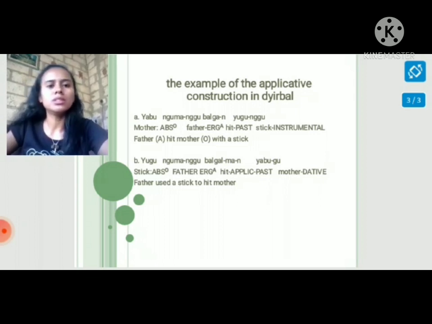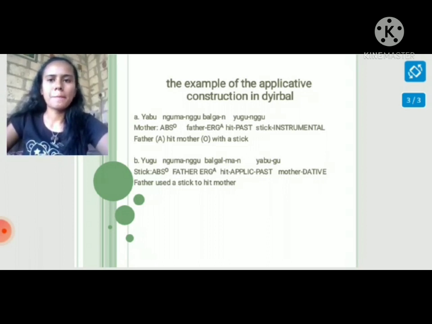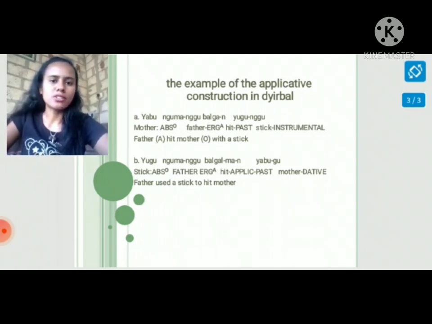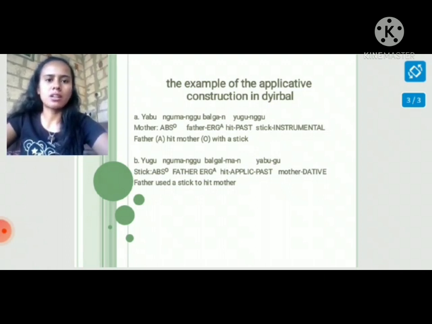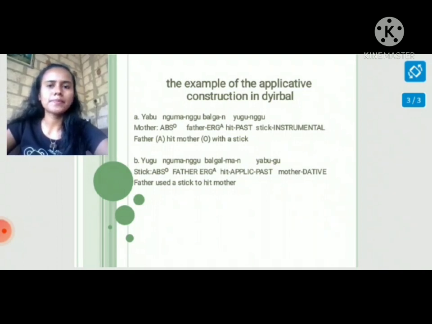According to this example, we can see the part A. It is an ordinary transitive clause in Kivunjo with an ergative A noun phrase meaning father, and an absolutive O noun phrase meaning mother.